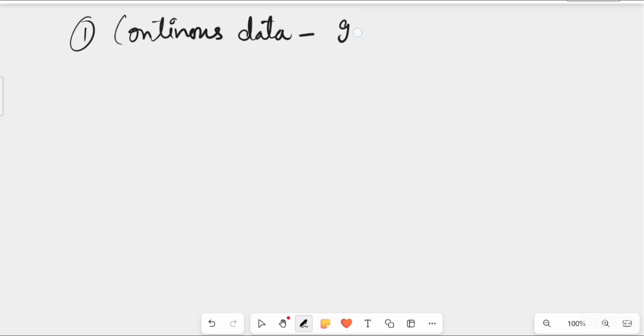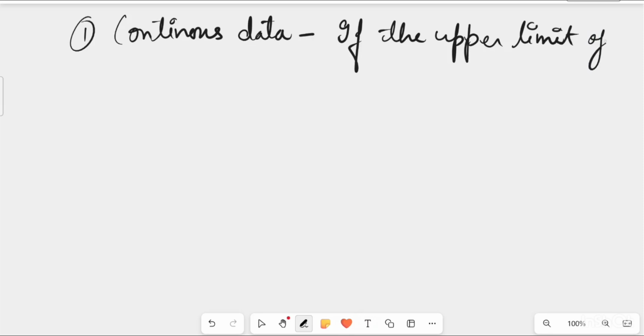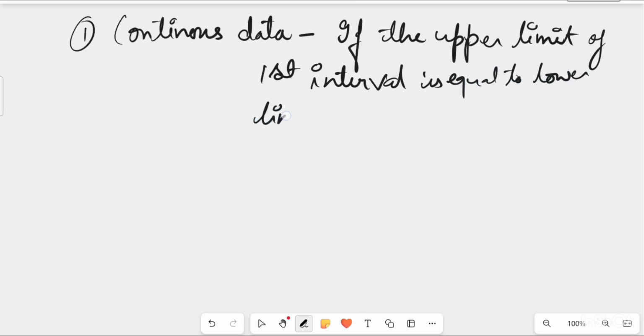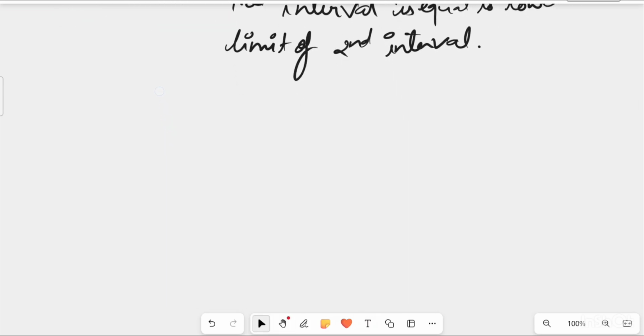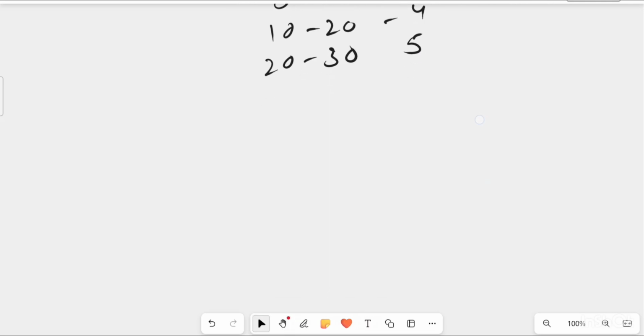Continuous data is if the upper limit of first interval is equal to the lower limit of second interval, then it will be the continuous data, like 0 to 10, then 10 to 20, 20 to 30. This is continuous data.